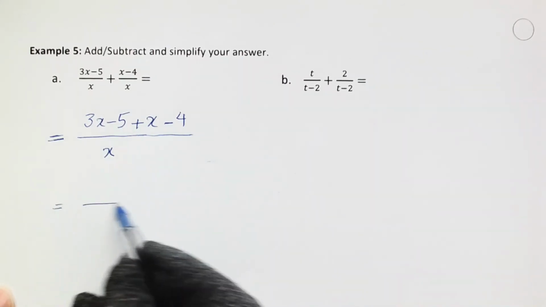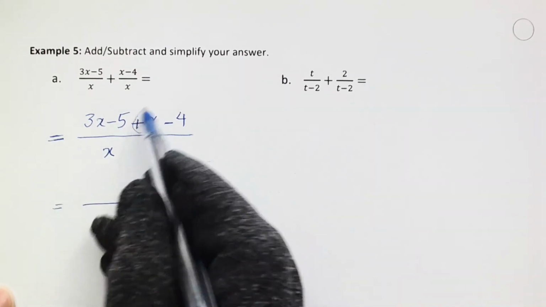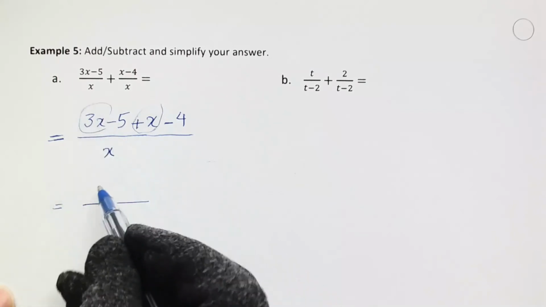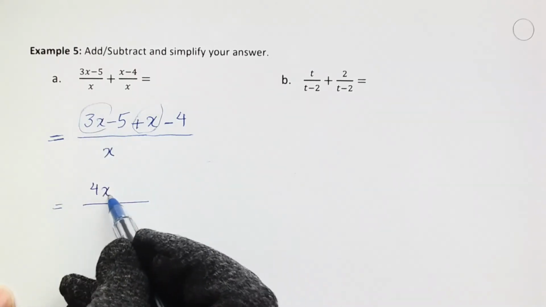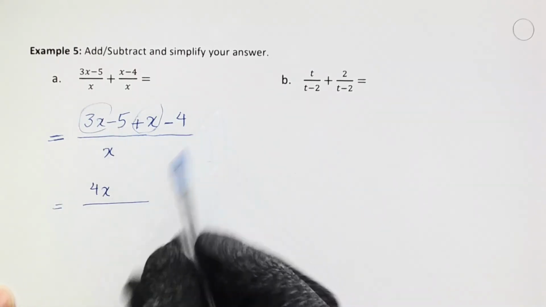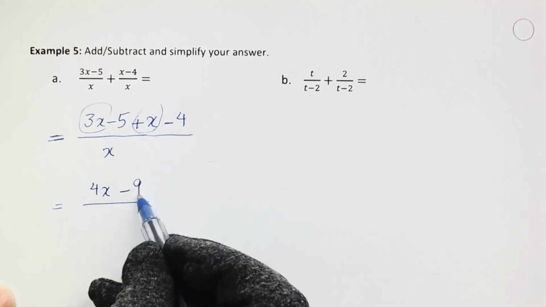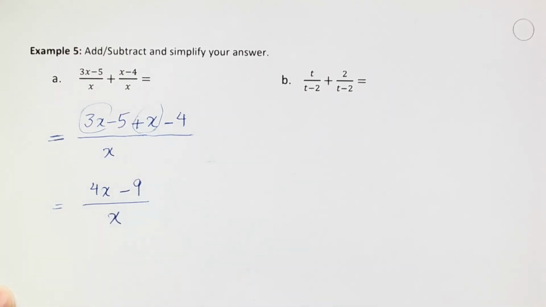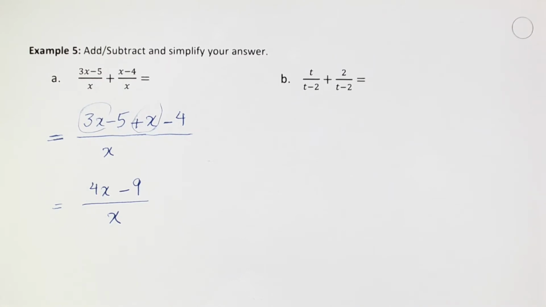Now it's going to be a new fraction. Like terms, 3x and x is going to be 4x, minus 5 and minus 4, negative 9, over x. So if denominators are the same, addition or subtraction between rational expressions is easy.